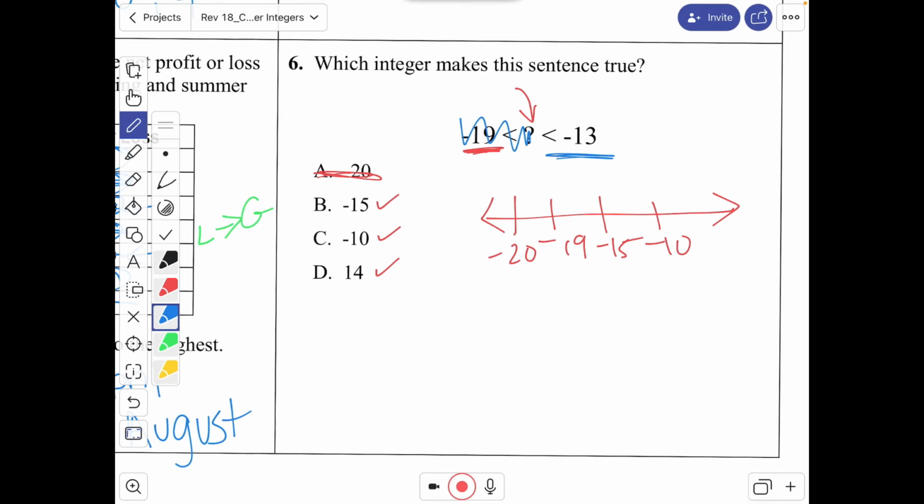Is negative 15 smaller than negative 13? Yes, because it would be more to the left. Is negative 10 smaller? No, because see, look, it's to the right. And then positive 14, of course, is bigger, not smaller, because it's positive. So the correct answer is B.